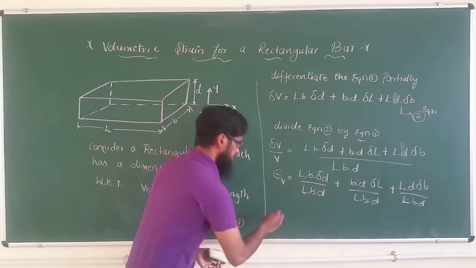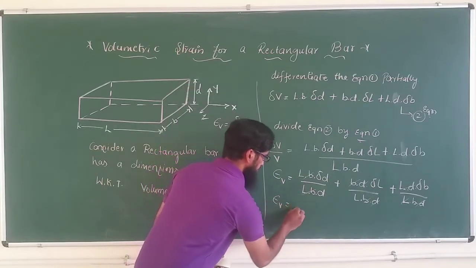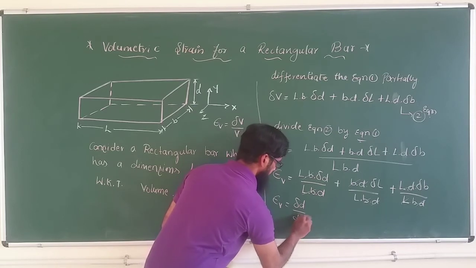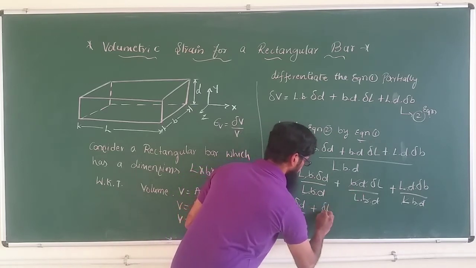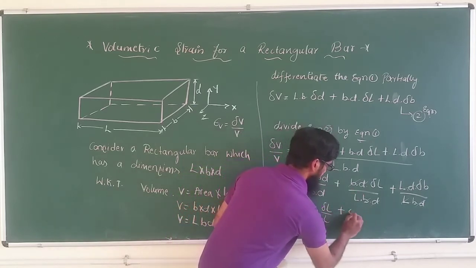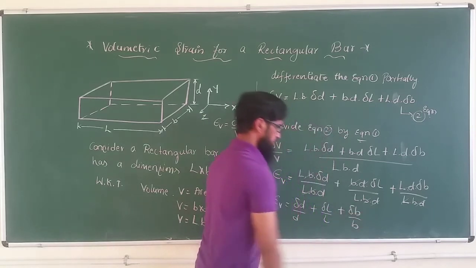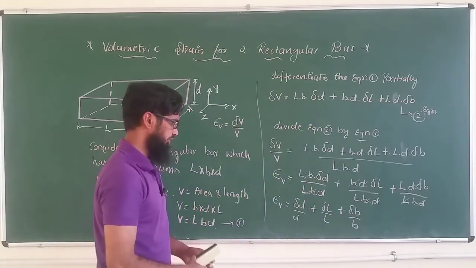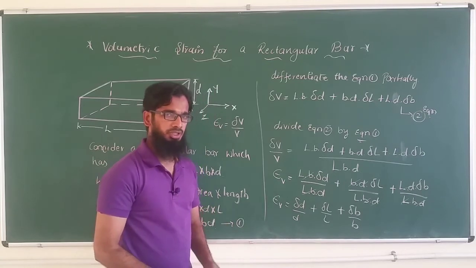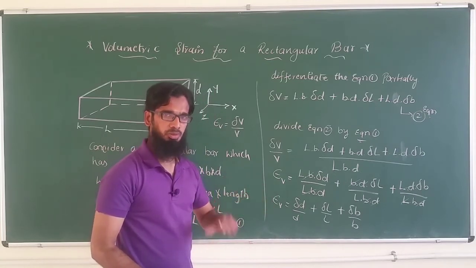Now the remaining terms are epsilon V is equal to delta D by D plus delta L by L plus the last term delta B by B. Okay, now we see here delta D by D means what? It's the change in dimension to the original dimension itself.